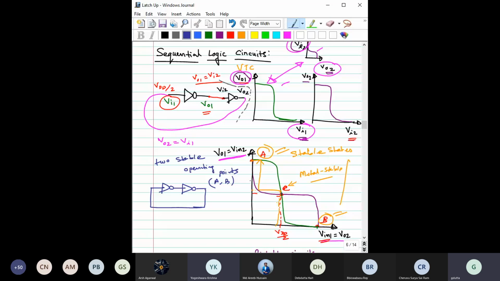If you see from the input side, it stands for either 0 or VDD. So that means logic 0 or logic 1. In terms of voltage, the stable points are only 0 volt or VDD. This is the stable point.